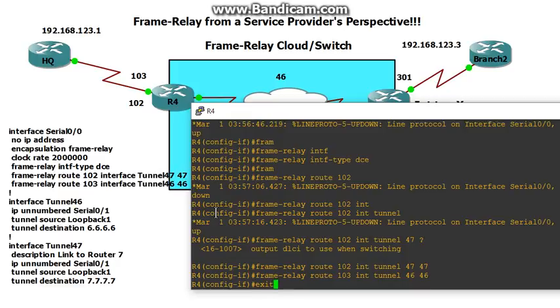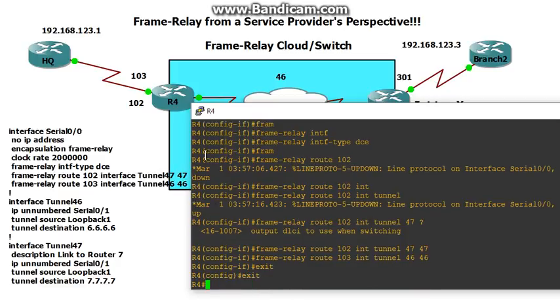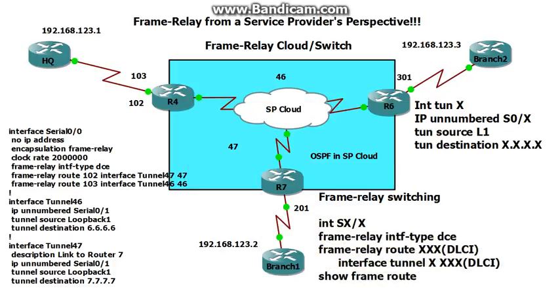That should be it. Let me minimize this and show you what's going on here. This headquarters router has a mapping of 103 all the way to 301 for its branch router over here for branch 2. Same thing with 102. It has a DLCI connection to 201.